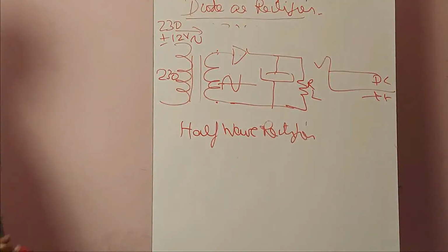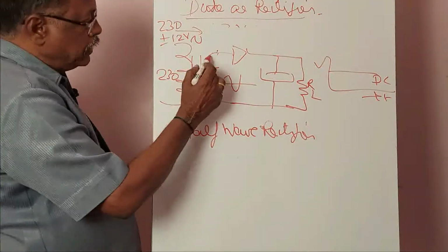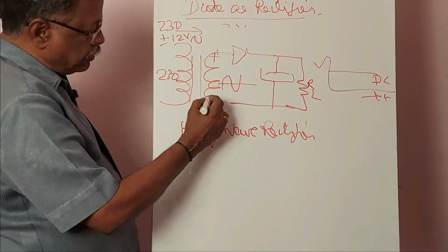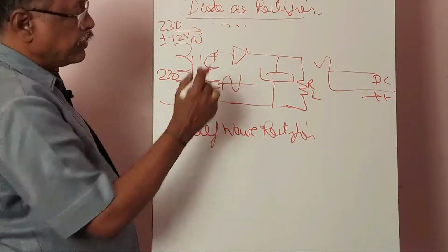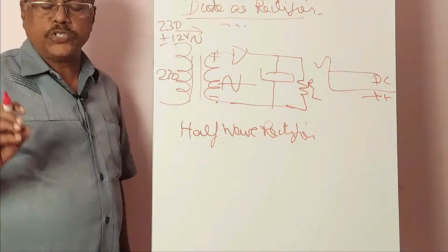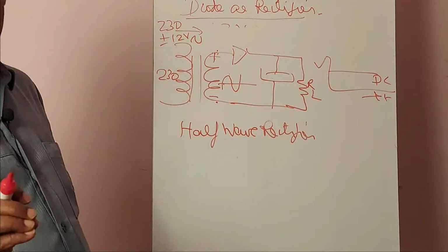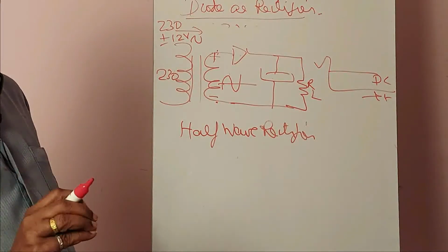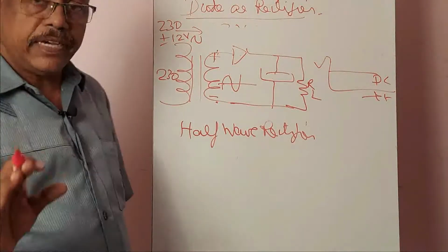Please understand that when there is a positive half cycle, this terminal becomes positive and this is negative; with respect to negative, this is positive. We know very well that a diode shows a low resistance in the positive direction for positive voltage applied to the anode. For a negative voltage applied to the anode, it shows a very high resistance.